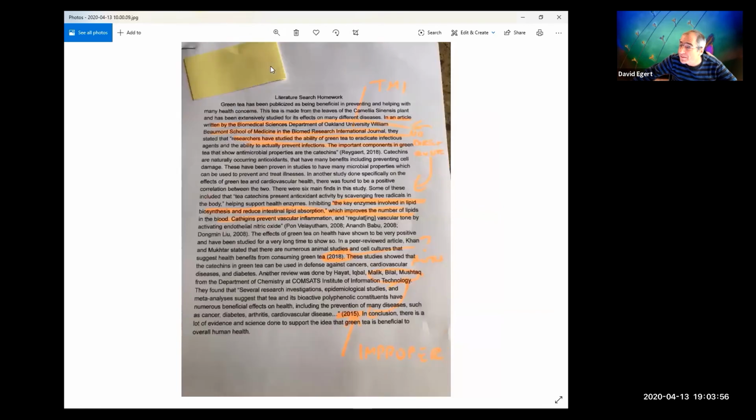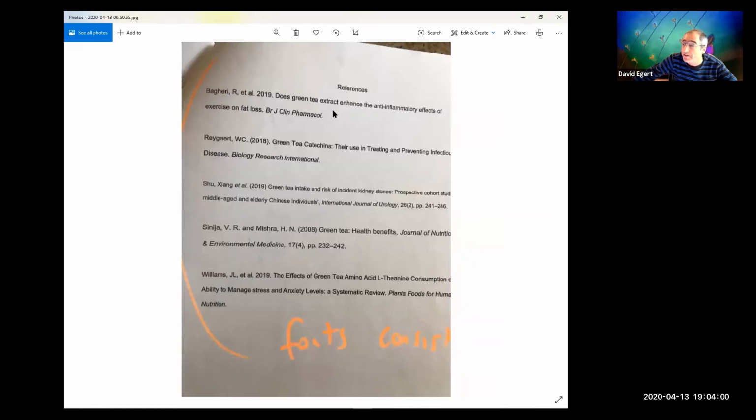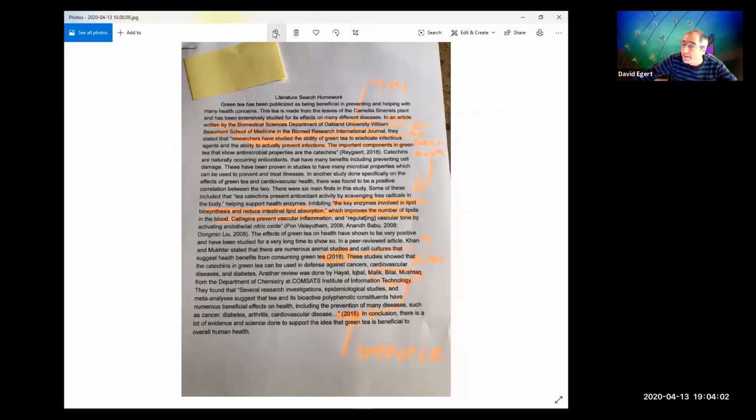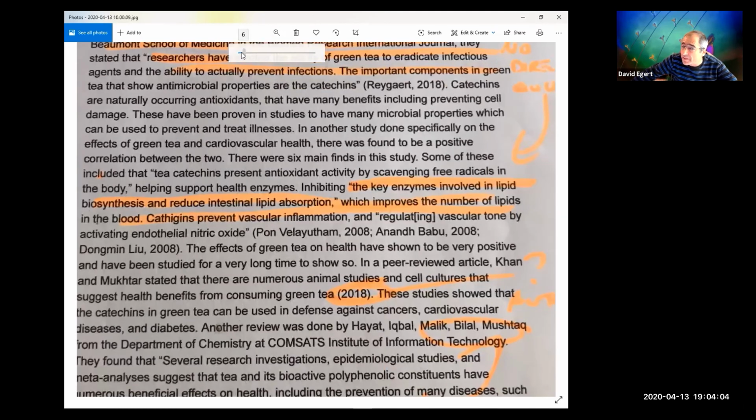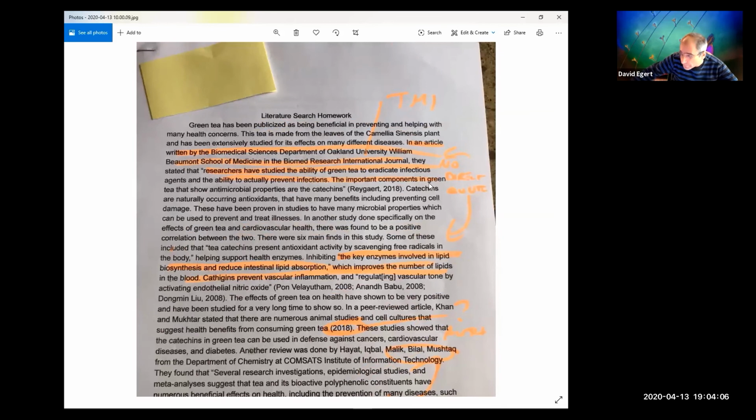All right, what else? Oh, so TMI, too much information. This happened in a number of these papers. In an article written by the Biomedical Sciences Department of Oakland University, William Beaumont School of Medicine, and the Biomed Research International Journal, they stated, quote, it's like, oh my God, I don't care. I can find out that detail if I go to the paper.